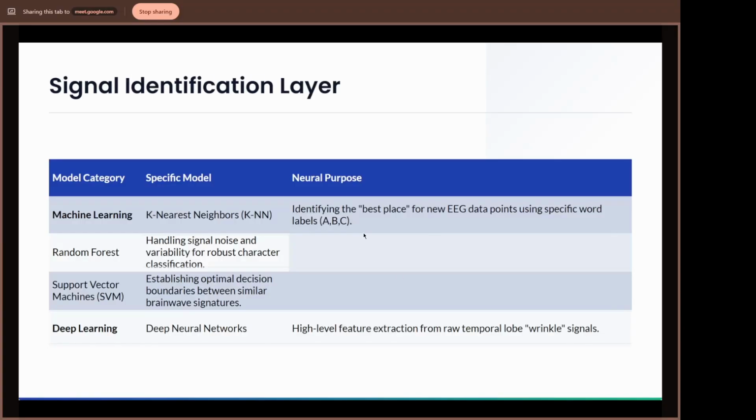Based on our research, we found that in the next step, we can use these types of models: random forest, support vector machine, and some neural network models. In previous research papers, these models achieved very good metrics.